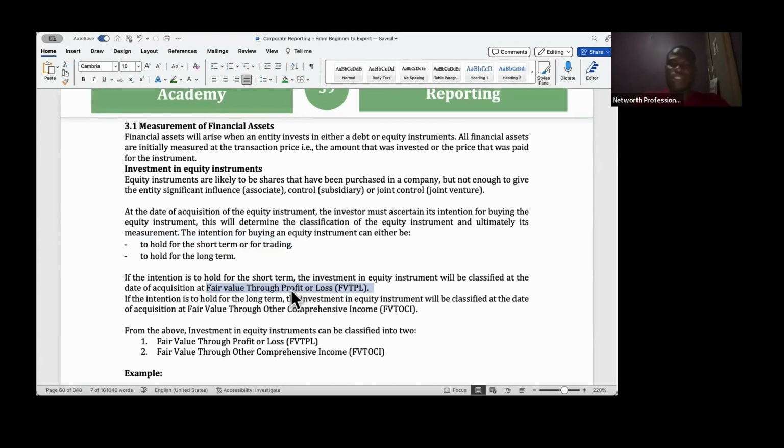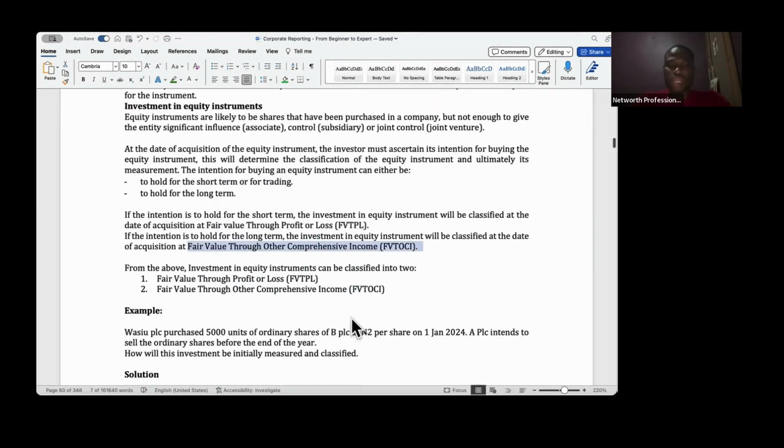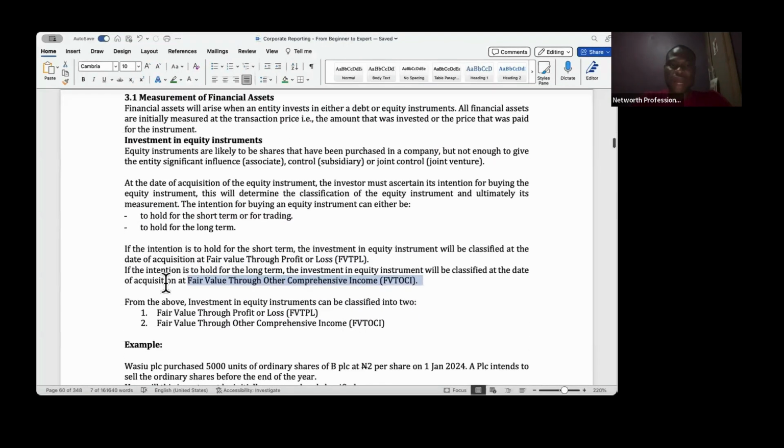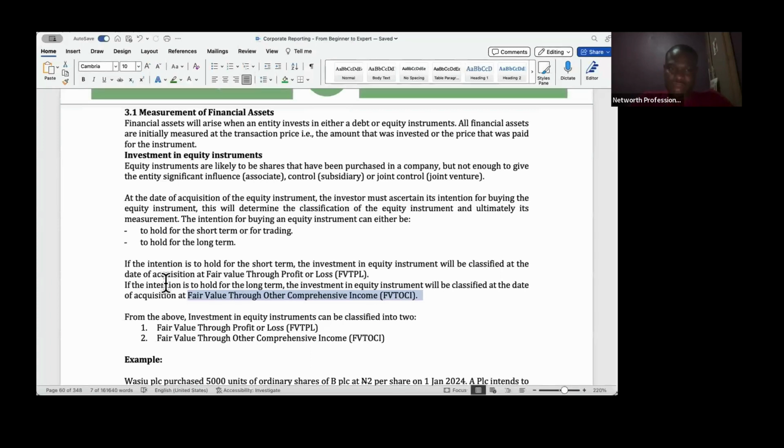But if you are buying it for the long term, then you should classify it at fair value to OCI. So at the date you are buying these shares, you are either classifying the financial asset at fair value to profit or loss, which I shortened as FVTPL, or at fair value to other comprehensive income. It is either of those two.